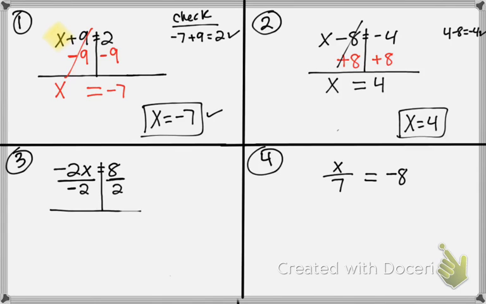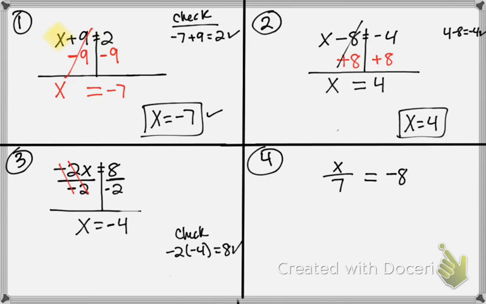Okay, so when I do that, the negative 2s cancel out, so I'm just left with an x, equal sign, and then 8 divided by 2 is going to give me a positive 4. Oops, I forgot the negative 2. It's going to give me a negative 4. Let's fix that real quick. Negative 4. If we check, negative 2 times negative 4 gives us 8, which is correct.